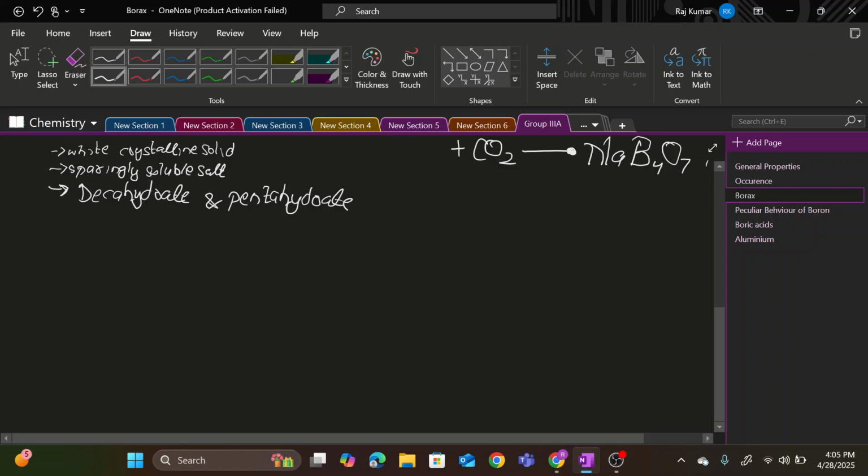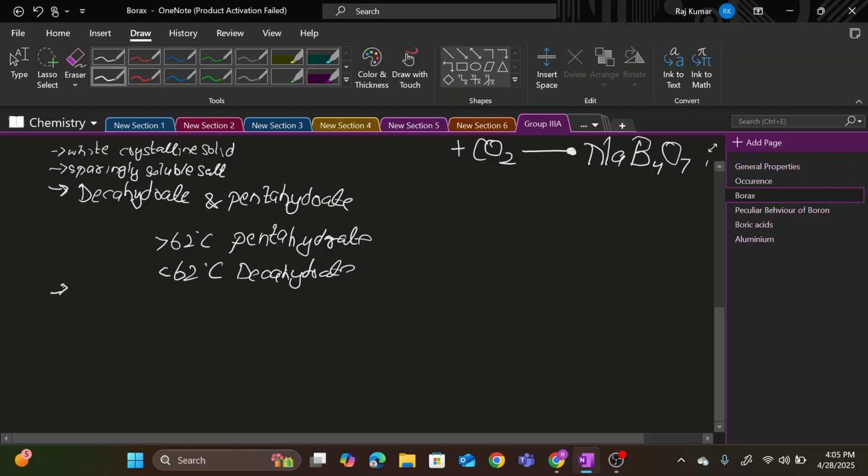If the temperature is above 62 centigrade, then it exists in the pentahydrate form, and below 62 centigrade it exists in the decahydrate or the stable form. So 62 is the transition temperature.